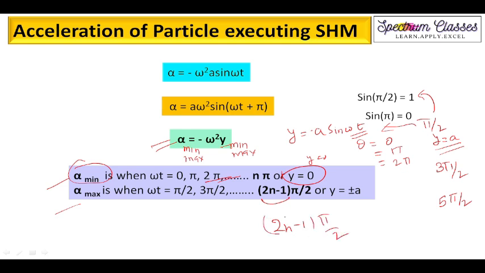Some students may ask why 2, why not n minus 1? Because if n is 3, then I will get 2 pi by 2, and that again gives me pi only, not an odd multiple of pi by 2. That is why we have used 2n minus 1. So at this point y is maximum, plus or minus a, and therefore alpha will be maximum.